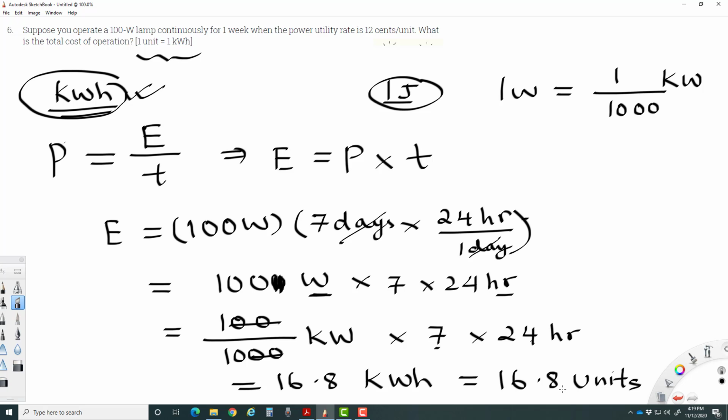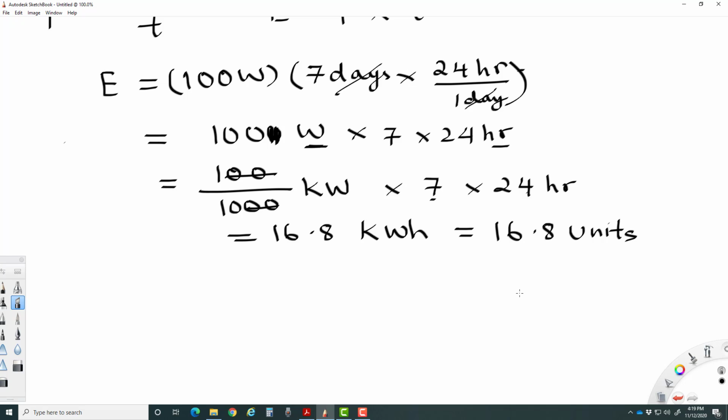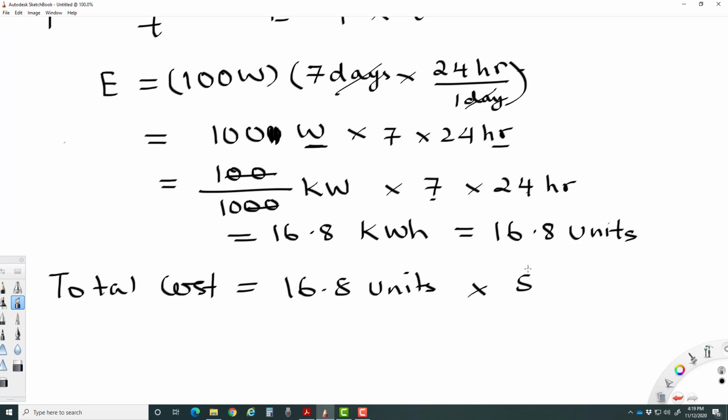So we need to find the total cost by multiplying this and the cost of 1 unit of electricity. So that means the total cost is 16.8 units times 12 cents, 0.12 per unit.